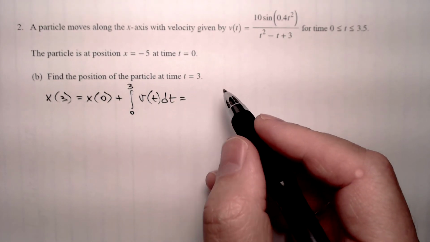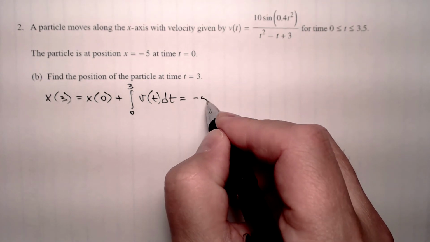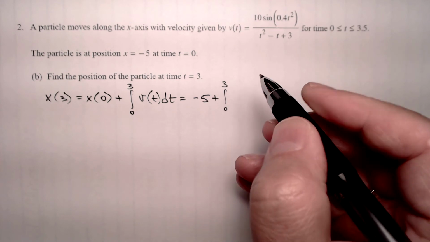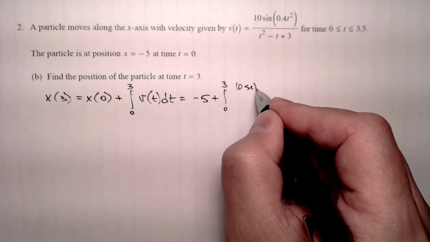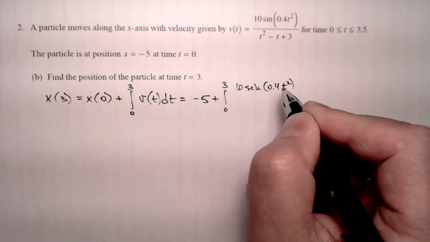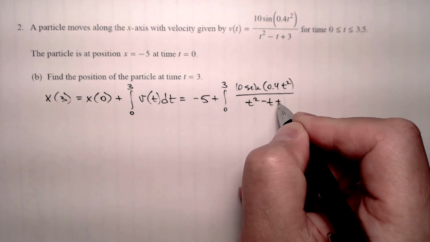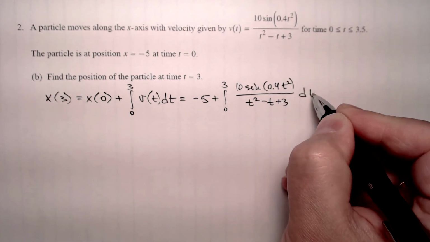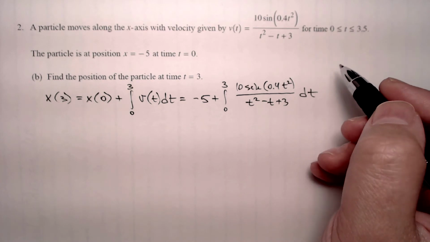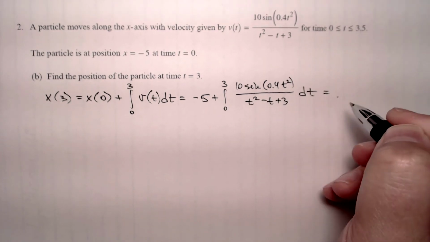And so plugging in the numbers and the formulas, we get -5 plus integral from 0 to 3 of 10 sine 0.4 t squared over t squared minus t plus 3 dt. And this needs to be evaluated using the calculator. So let's do that next.